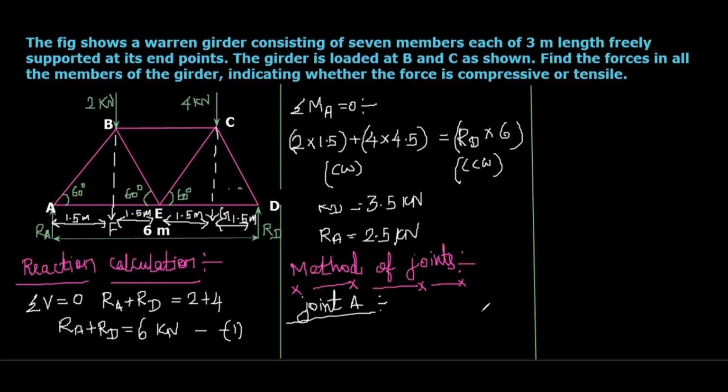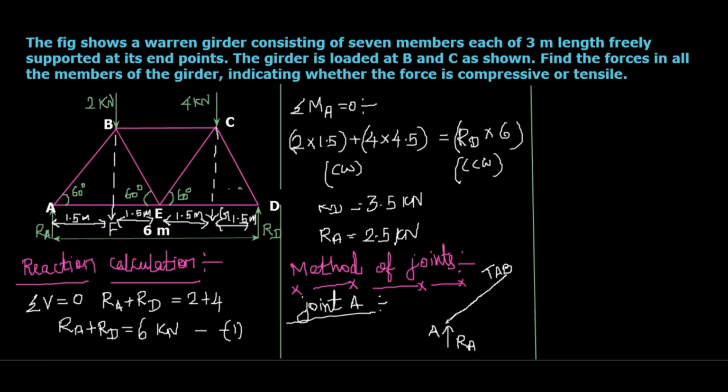The free body diagram of the joint A: the vertical upward reaction force RA is acting, and an inclined force, that is the tension or force in the member AB, is acting.